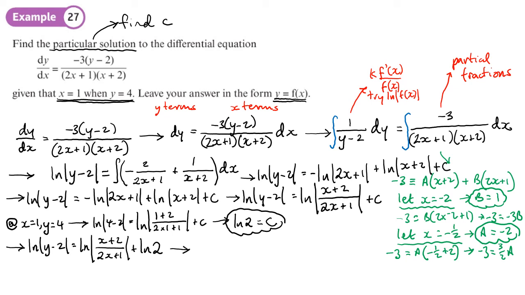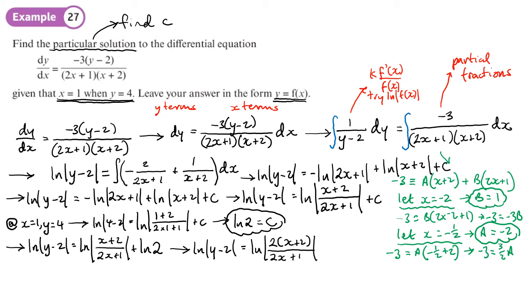So the rest of this is now making y the subject. So log y minus 2 equals natural log, the 2 can go in there, so everything multiplied by 2. So you could say 2x plus 2 or 2x plus 4 over 2x plus 1.